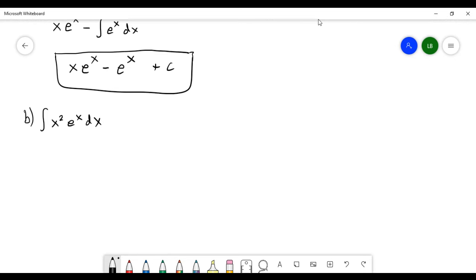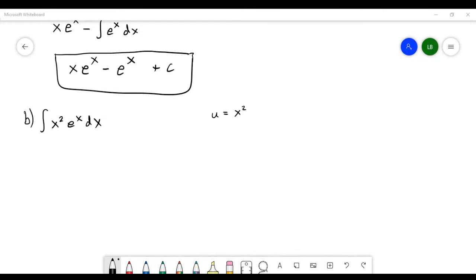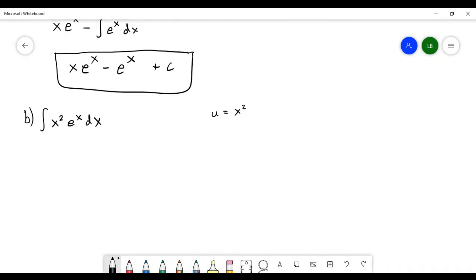And I guess I did just give away the setup for this problem. If dv is e to the x, the integral of e to the x is always equal to e to the x.